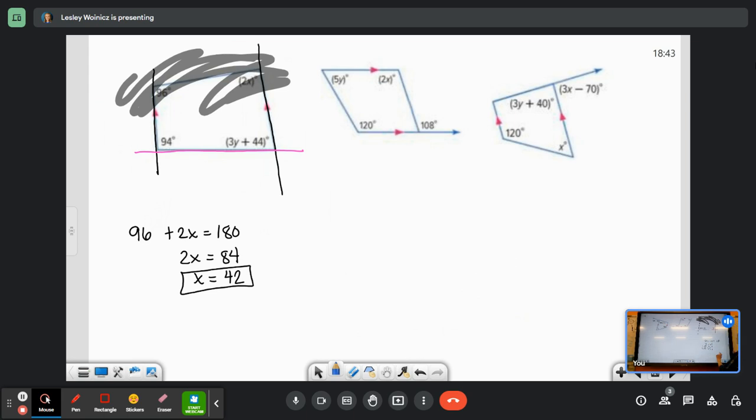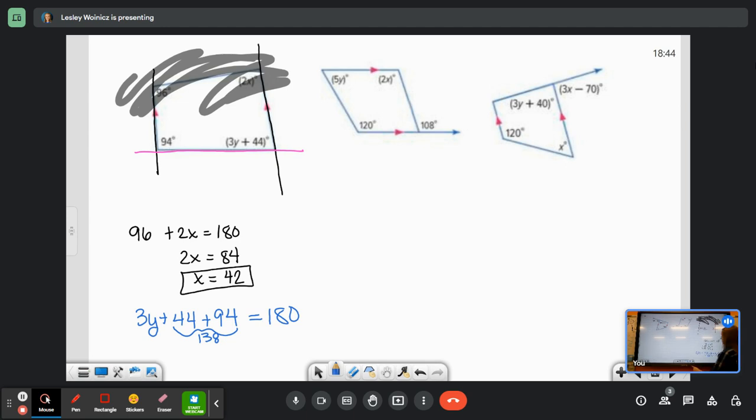So we know that 3y plus 44 plus 94 all have to add up to 180. 44 and 94, I put in my calculator earlier, it's 138.